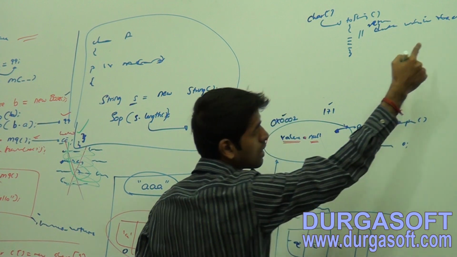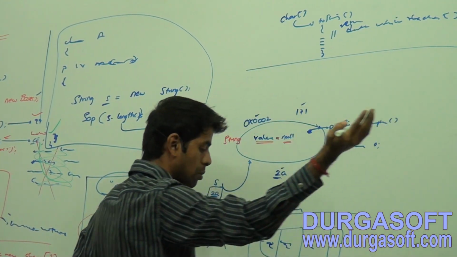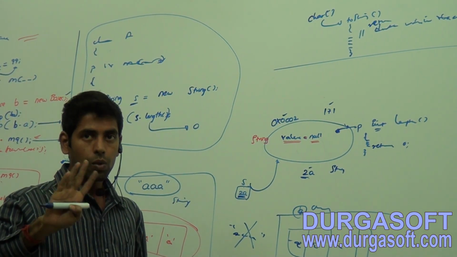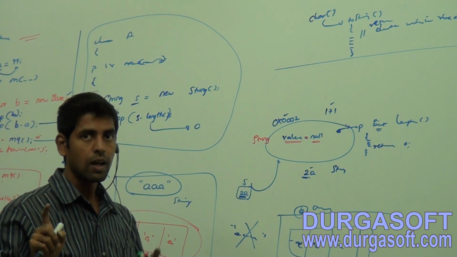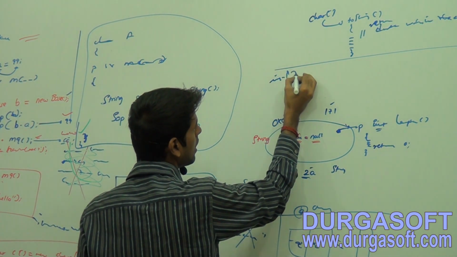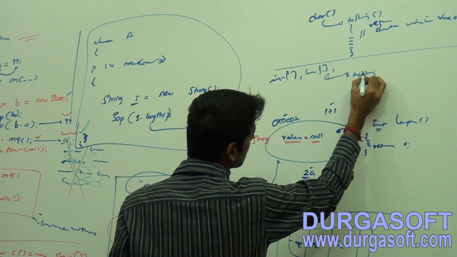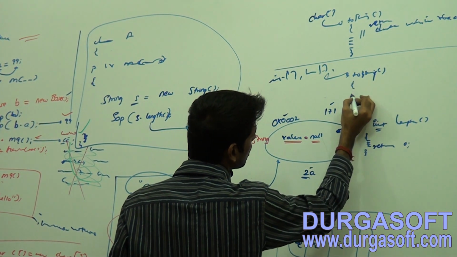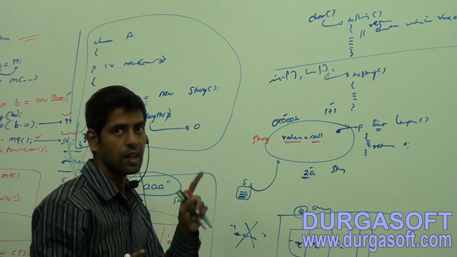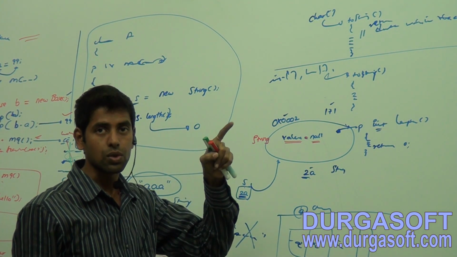Now come to the toString method of other primitive arrays, like int array, byte array, short array, any arrays. Within those, you do not have an implementation to return the data of the arrays.